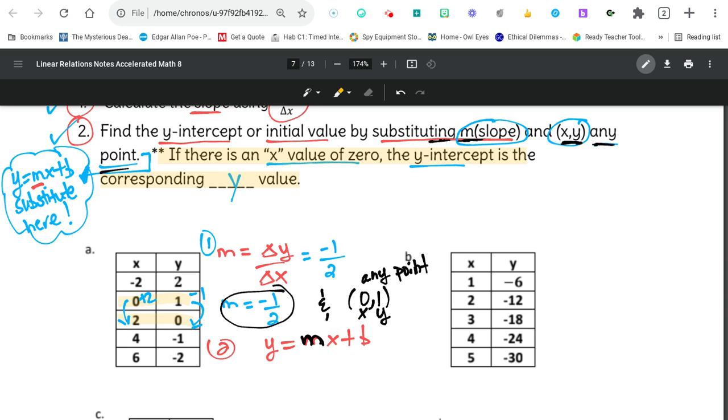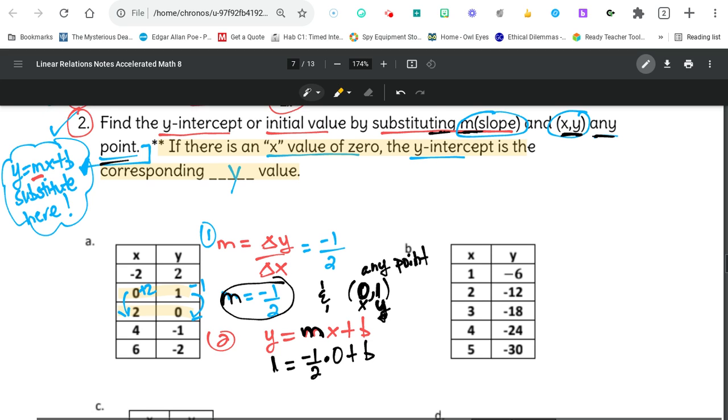So m will come out, and in its place, -1/2 will go in. X will come out, and the x that you chose from that point is 0. Oh, I need to take out y too. Sorry. Y will come out. Instead of writing y again, I'm going to put a y of 1. All right. And then it's plus b.